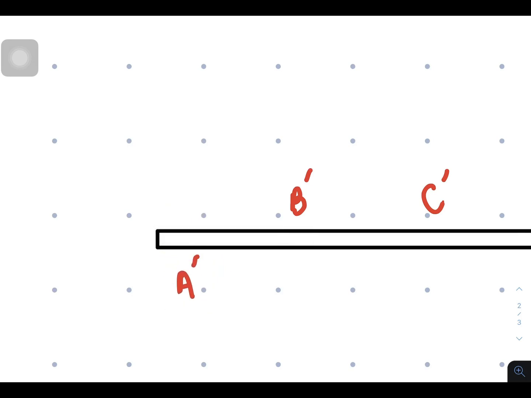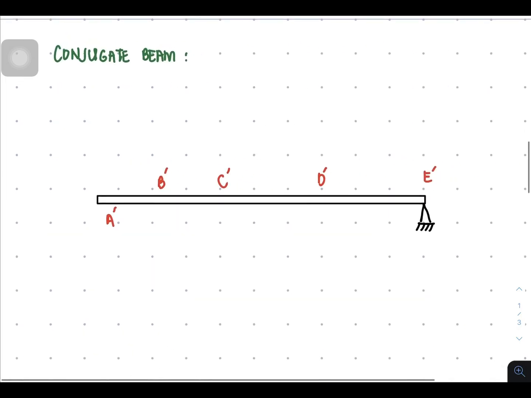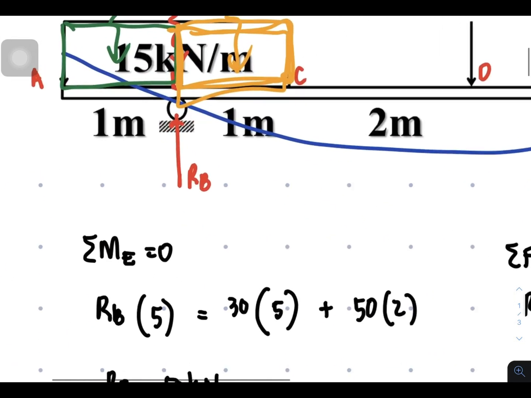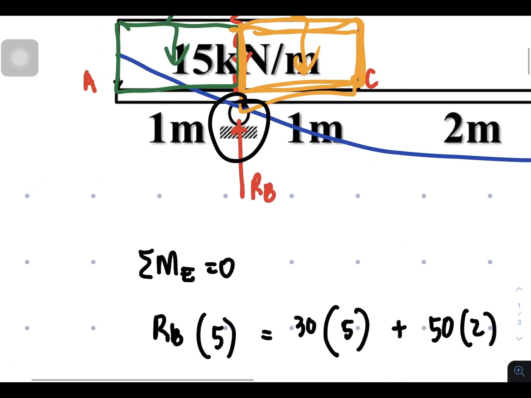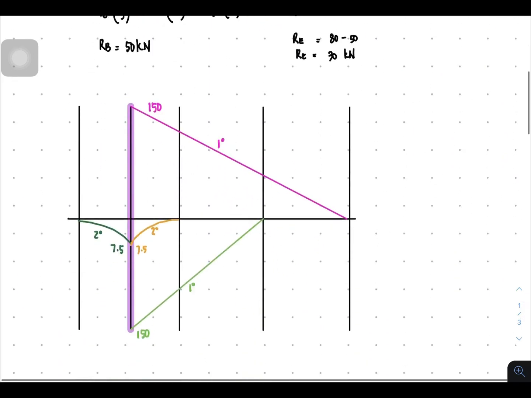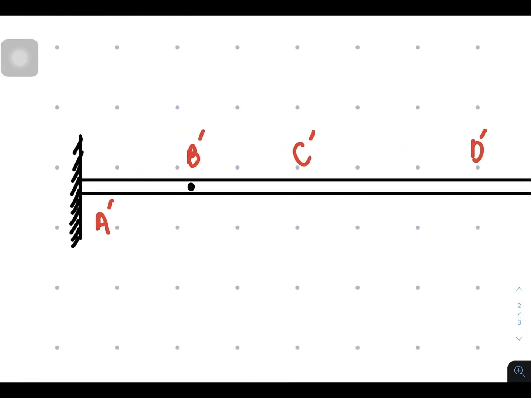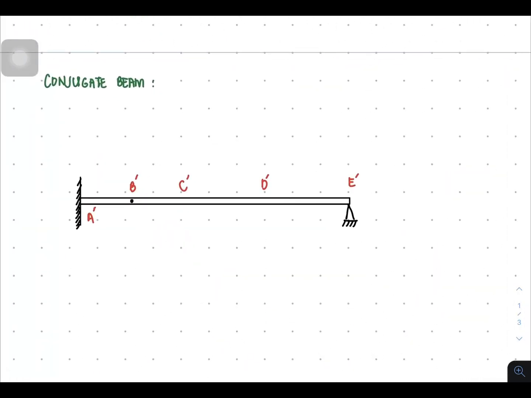And it will become a fixed end. So fixed end. Next, at point B, the support is an interior roller. So in the end, it will become an internal pin.